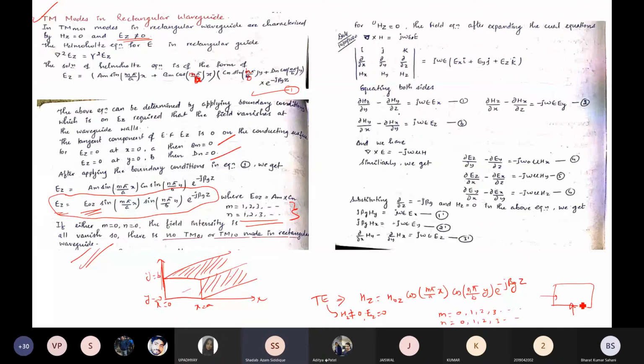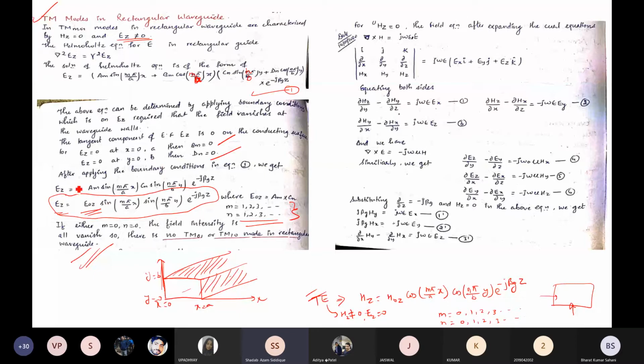That means the mode is not existing here. There is no wave at all, so no energy transmission will take place. So we cannot take m and n as 0 simultaneously, but individually either m equal to 0 or n equal to 0 at a time. That was the case for the TE mode.